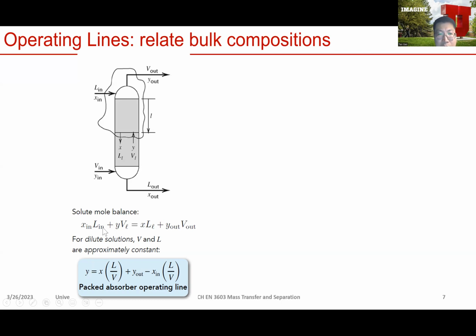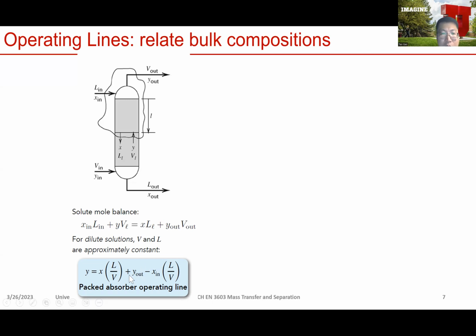So basically, in that case, for dilute solution, V and L are constant. We can drop the subscripts for L and V, right? Then we can take all the y terms to the left. We take all the x terms to the right, right? Then we have y minus y out on the left, and then we have x minus x in on the right. Then you can divide by V on both sides. Then you will have y minus y out equals L over V multiplied by x minus x in, right?